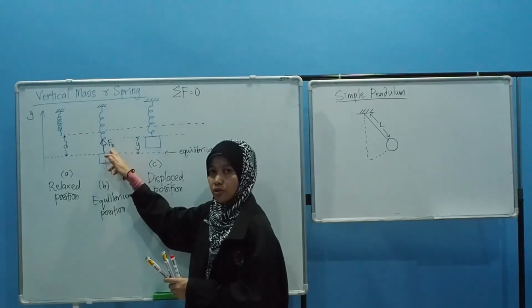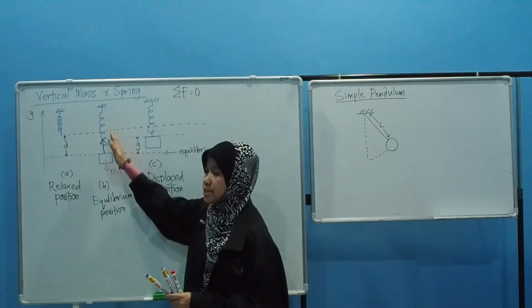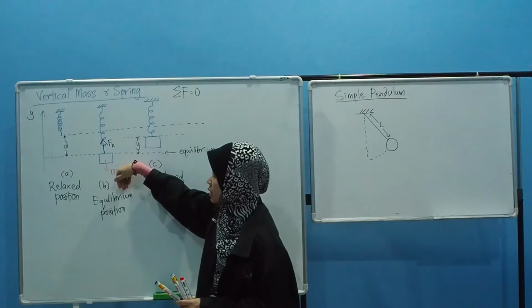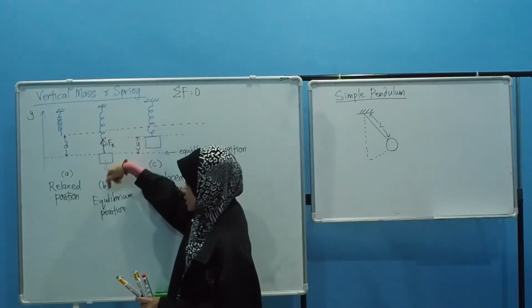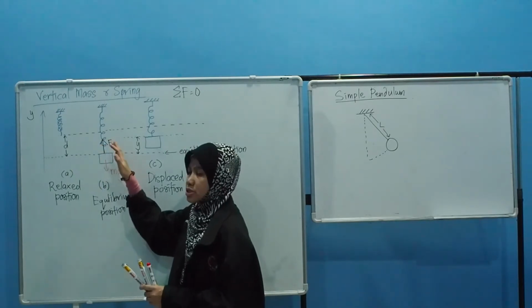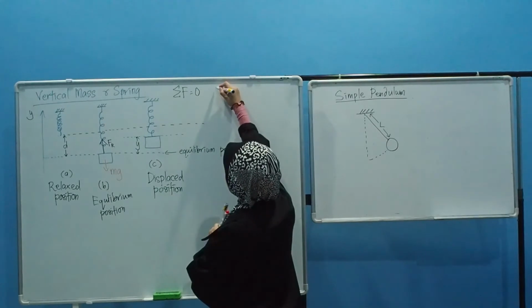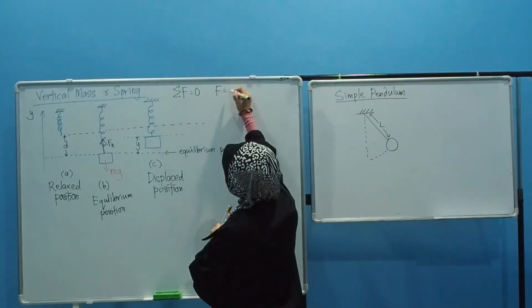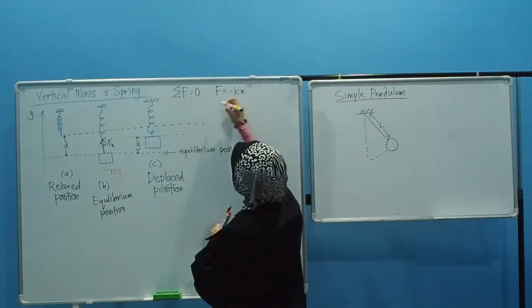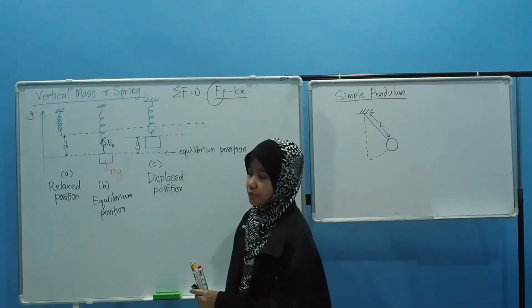Restoring force is always directed opposite to the direction of the displacement. Now the displacement is downward, so the restoring force is directed upward. The restoring force is given by Hooke's law. Remember Hooke's law? F is equal to minus kx. This is the restoring force.